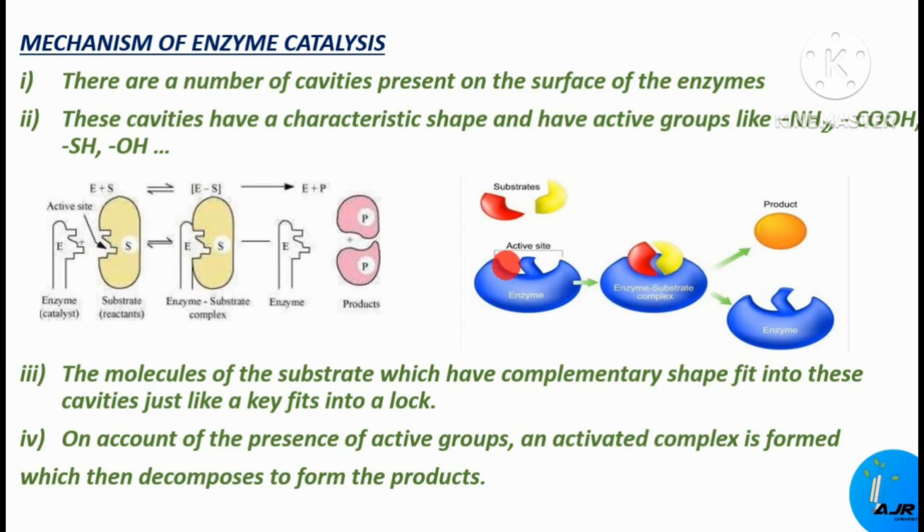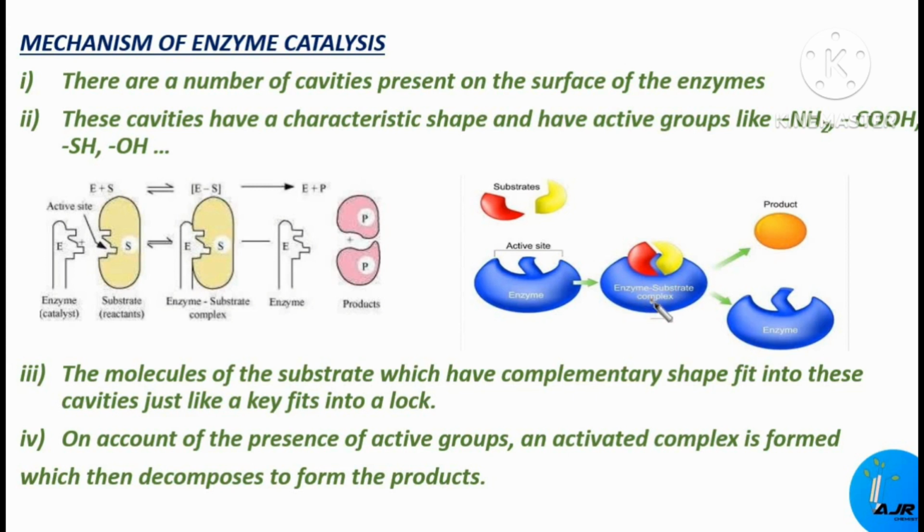The substrates are placed in the correct orientation, which not only facilitates the occurrence of the reaction, but also enhances the rate of the reaction tremendously. Can you understand? It not only helps the occurrence of the reaction, but also increases the speed of the reaction.